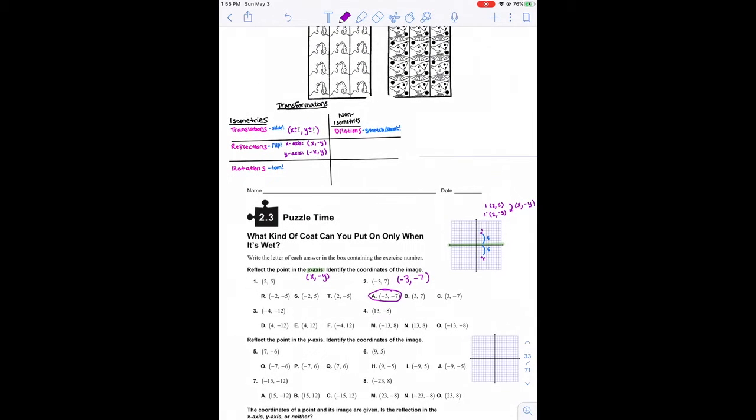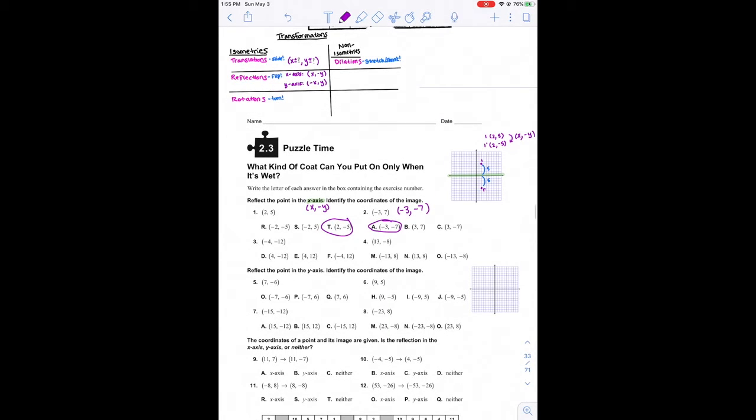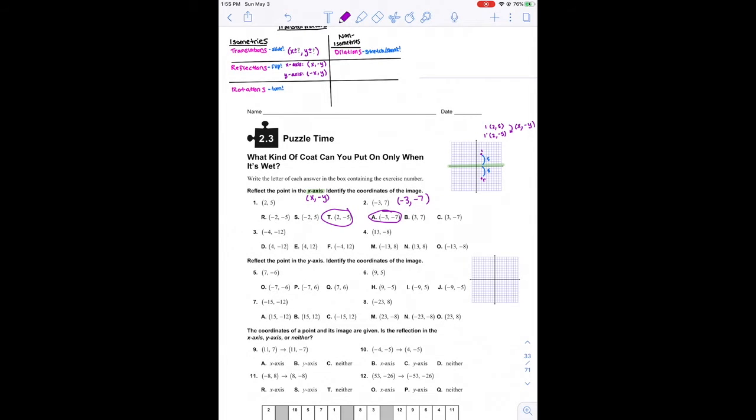And I also realized I forgot to put the answer for number 1. We said that the new point was 2, -5. So that would be that choice. 3 and 4 would work the same way. So the rule for the x-axis is you keep the x the same, take the opposite of y.